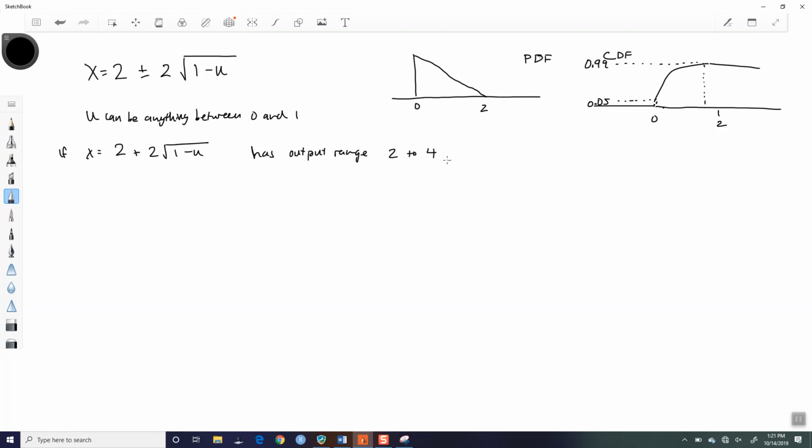So it has output range 2 to 4, which is not what we want. All right, so we let x equal 2 minus 2 square root 1 minus u. Okay, and this has output range 0 to 2.